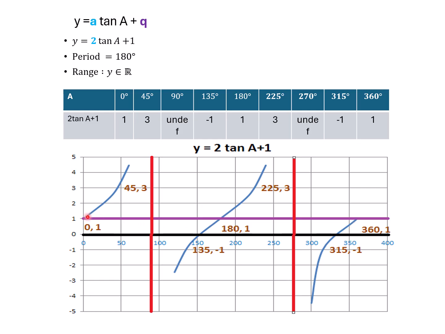So I hope you can see how we plot the graph. So we have that one part there. If we plot the points, take note 90 degrees is undefined, so it's an asymptote. So that line cannot touch the graph. I hope you understand. Same here at 270, I can continue, but the closer we get to the line, we're not allowed to touch the line. We must stay on the inside of the line.